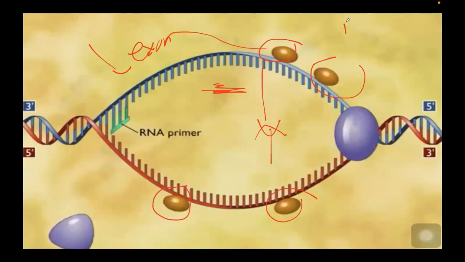Number 1, ulitin lang natin, that is to bind to the parental strand. Kitang-kita naman, nakabind sila dyan. And then it will prevent the parental strand for re-annealing or reconnecting. Kasi nga ang purpose is paghiwalayin, makagawa ng parental strand para makagawa ng template for another or daughter DNA, di ba? And then it will act as a barrier to protect the parental strand from exonucleases.